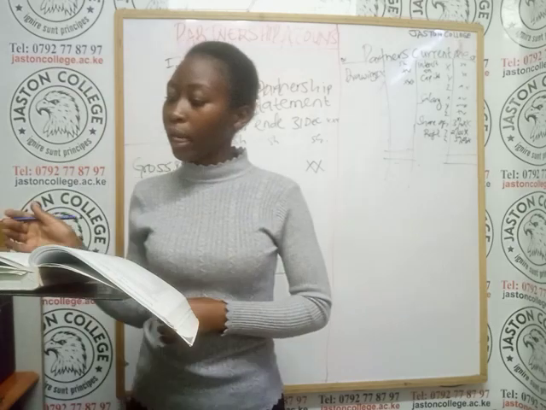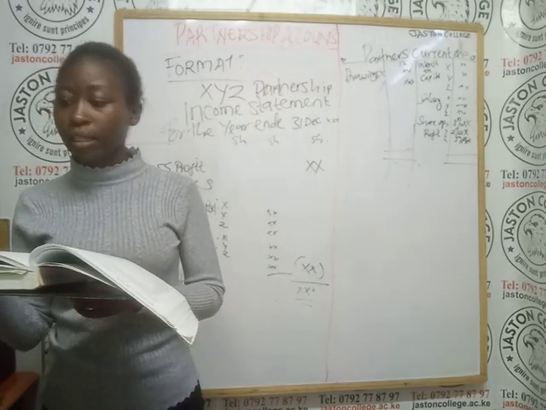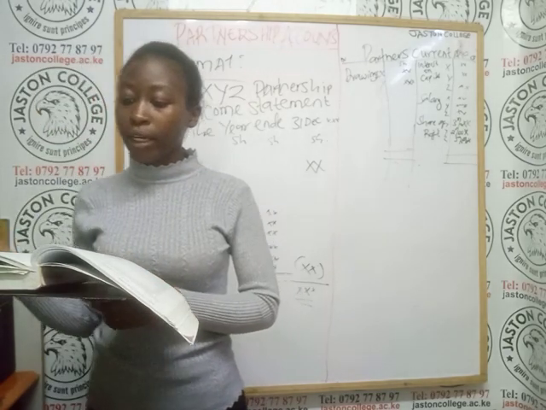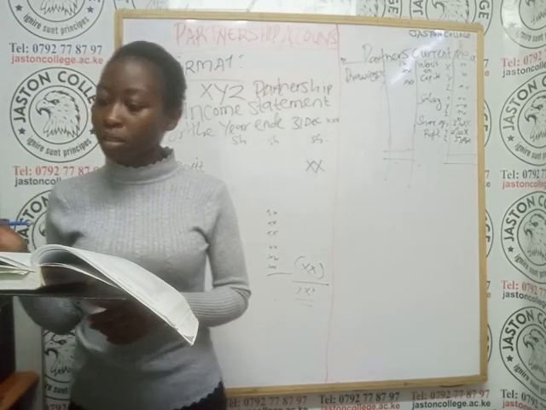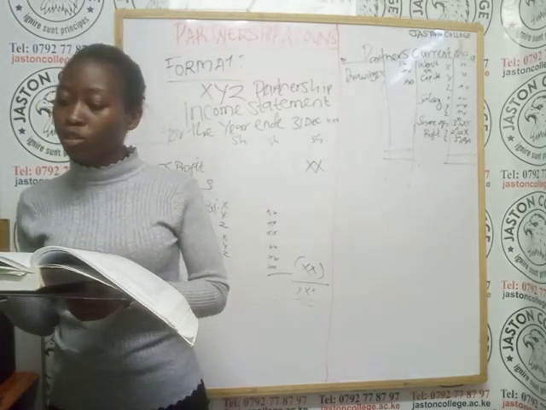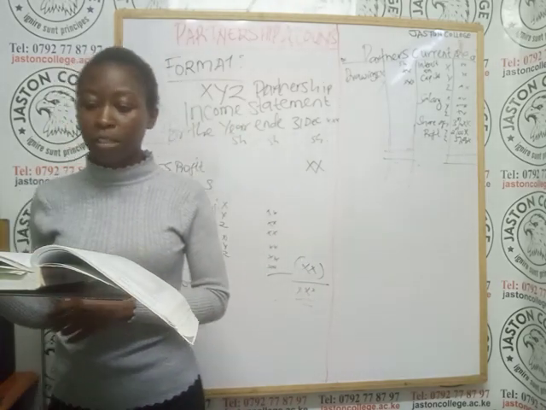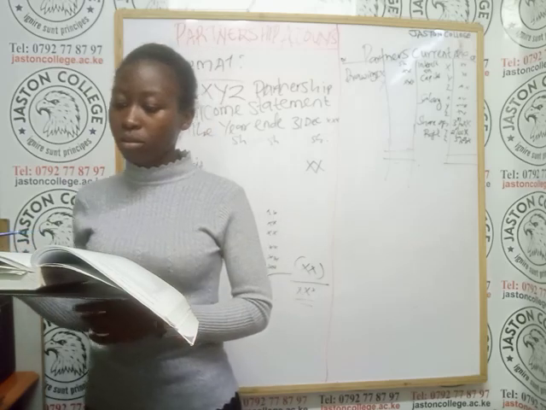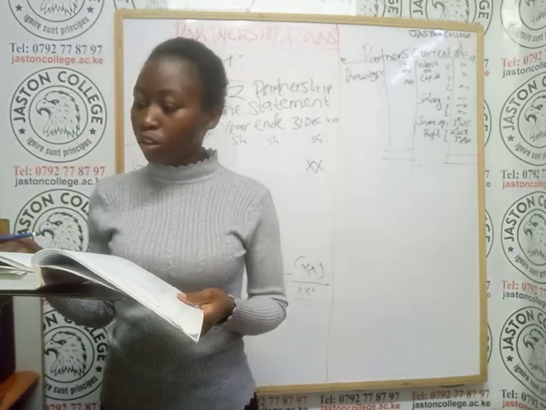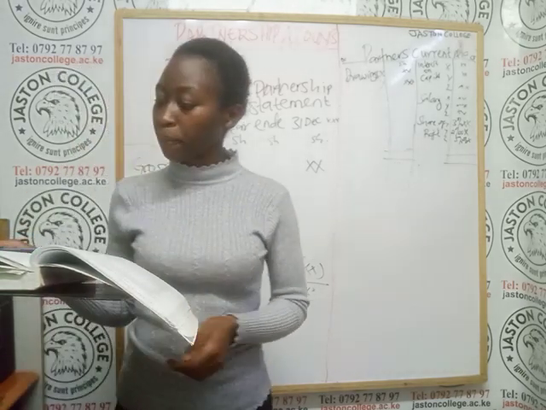Note 3, allowance for doubtful debts is to be increased to 5% of the accounts receivable. Required: A, income statement and appropriation account for the year ended 30th June 2017. Part B, partners' current accounts. Part C, statement of financial position as at 30th June 2017.